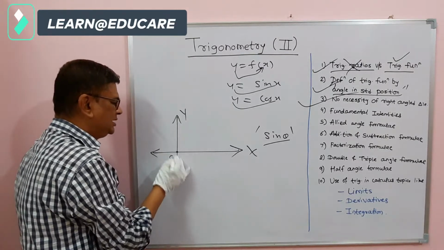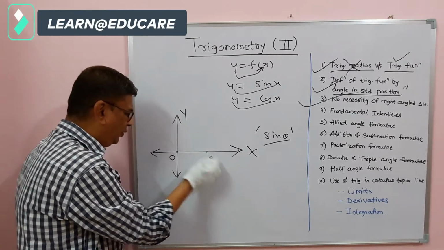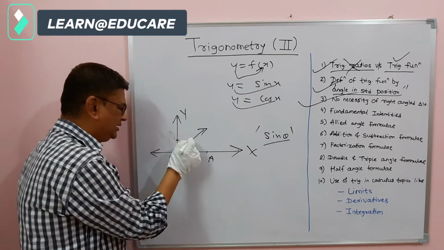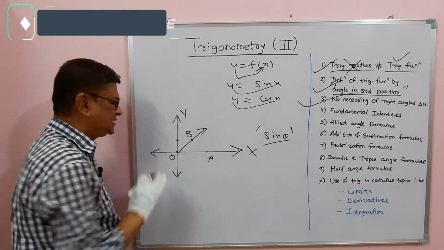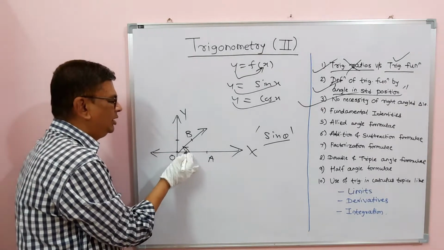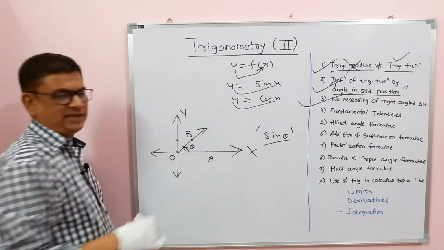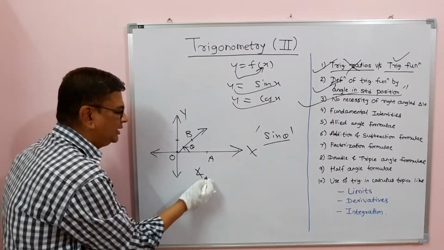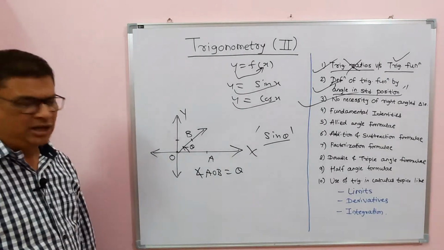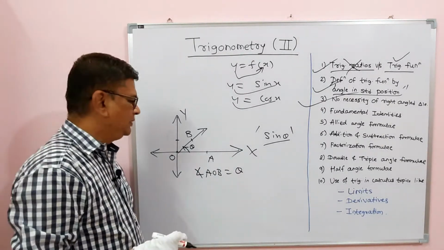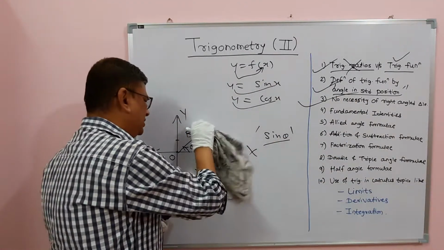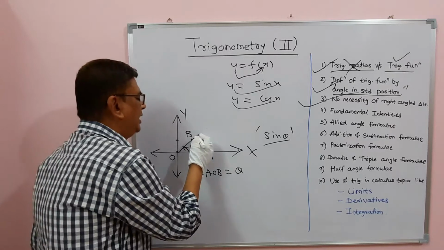For that purpose, the directed angle AOB shown here has terminal arm OB in some quadrant, here in the first quadrant, while the initial arm is on the positive x-axis. This directed angle AOB has measure theta, and we can define the trigonometric ratios by taking some point on the terminal arm.